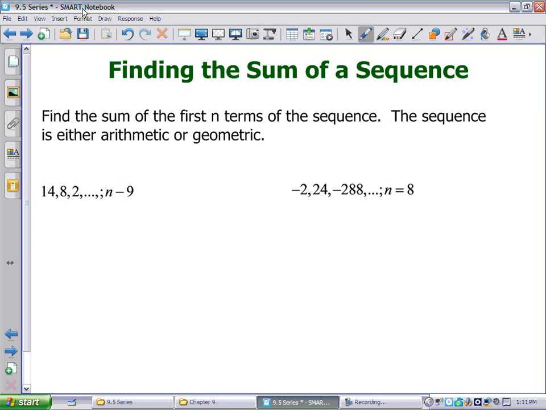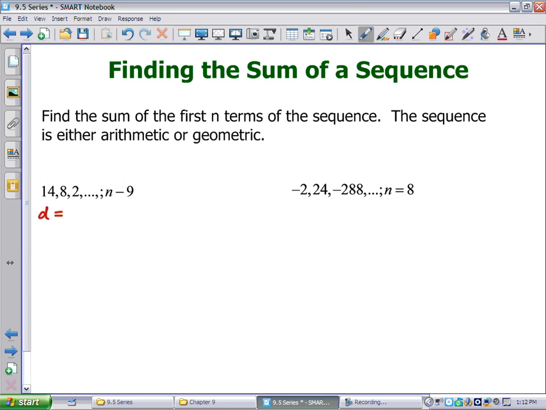Okay, so if we look for a pattern, the first one here is 14, 8, 2, and then it continues on. Between 14 and 8, I have a common difference of 6, and between 8 and 2, there's a common difference of 6.